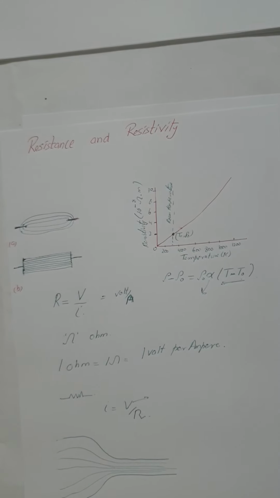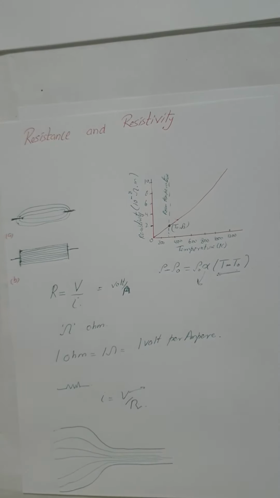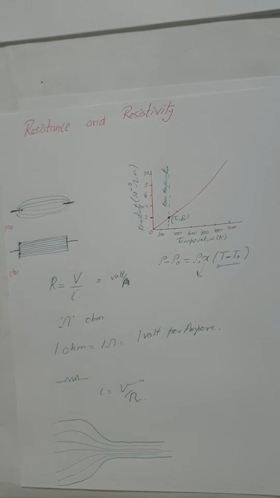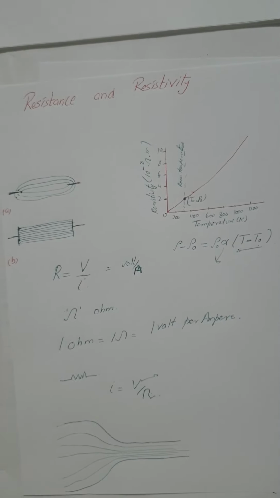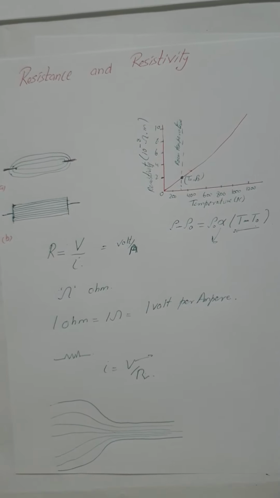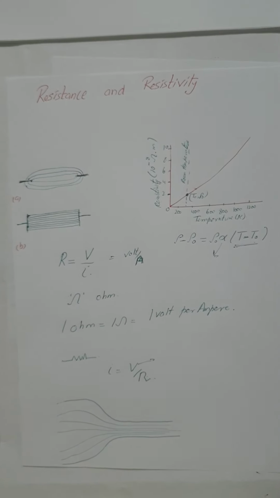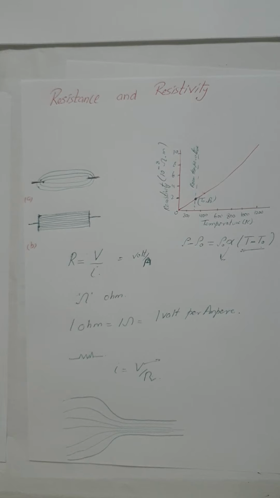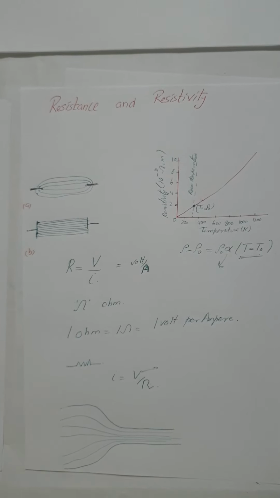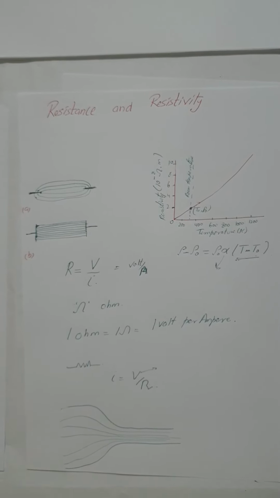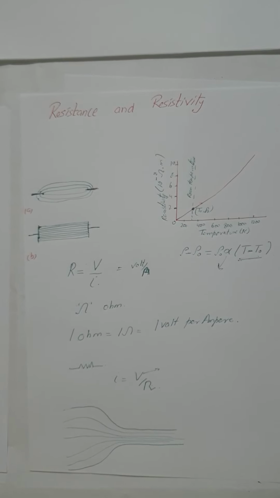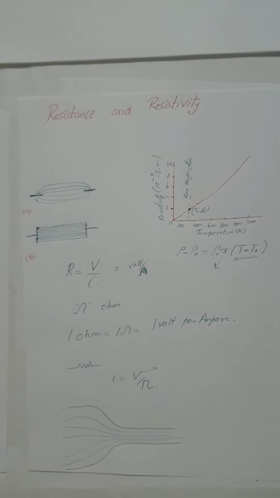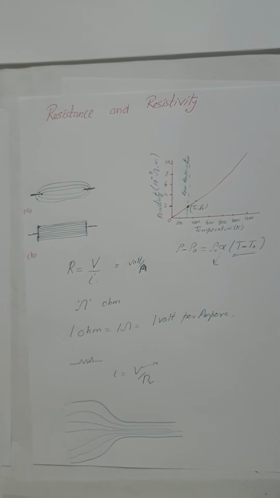So let's look into Ohm's law. Okay, let's discuss Ohm's law. We know a resistor is a conductor with a specified resistance. It has the same resistance no matter what the magnitude and direction of the applied potential difference.